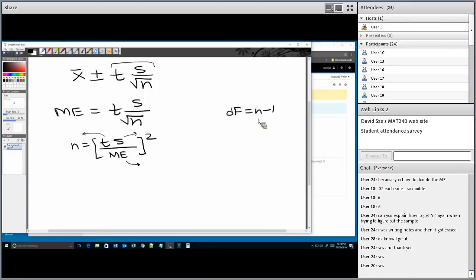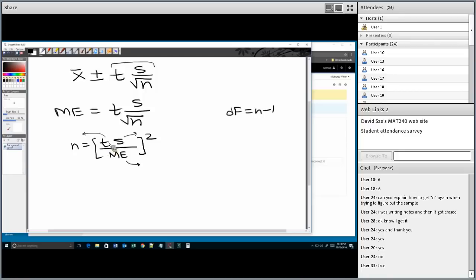But no one asked me, in this case, we don't know n, right? We're actually trying to calculate n. So how do we know what n minus 1 is for this t? Does this problem make sense to you? Okay.